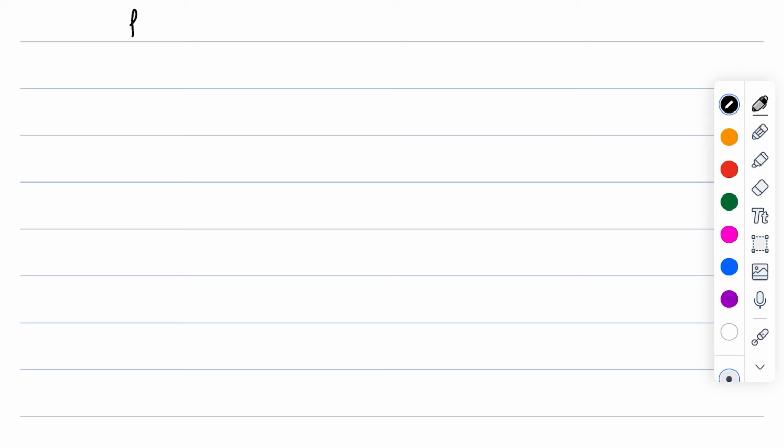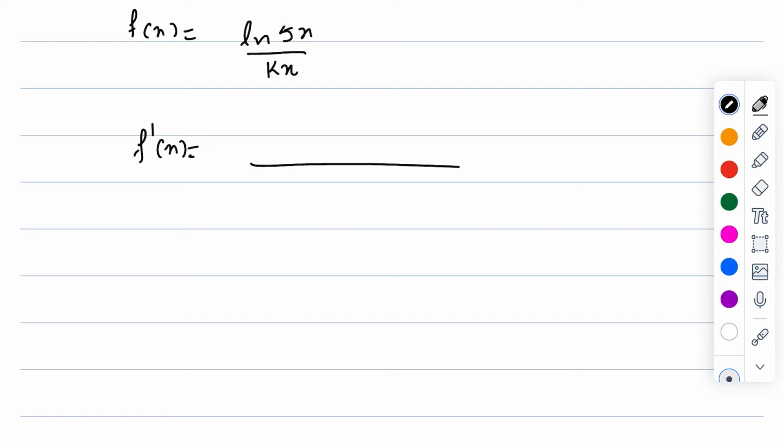f of x equals ln 5x divided by kx. So f prime x will become, over kx whole square, kx times the derivative of ln 5x, which is 1 upon 5x times 5, minus ln 5x times the derivative of kx, which is k.